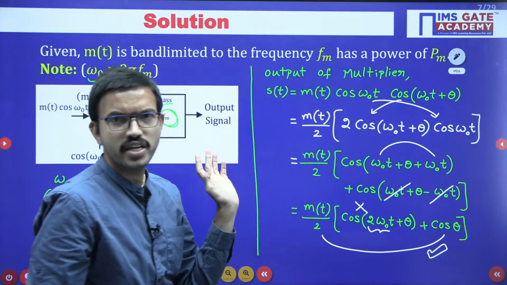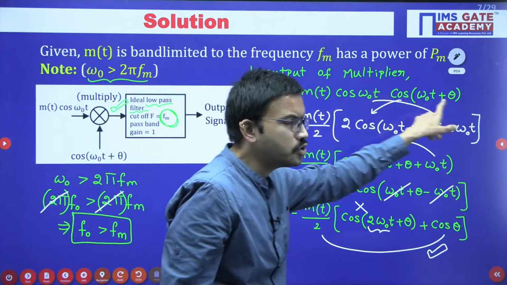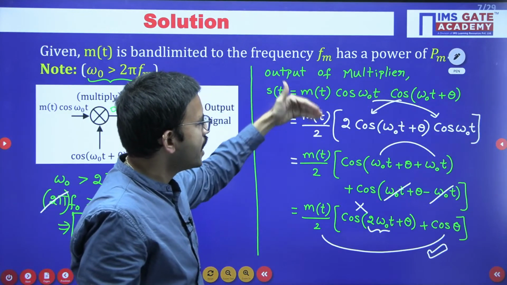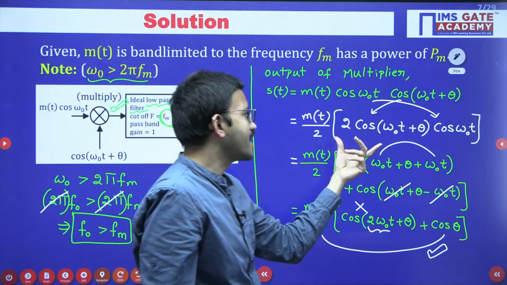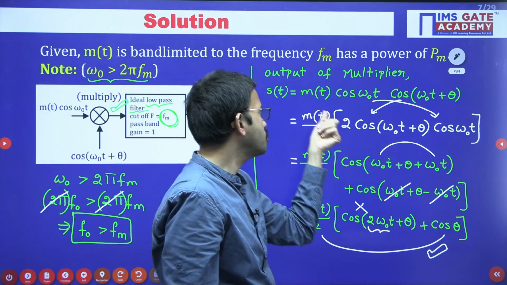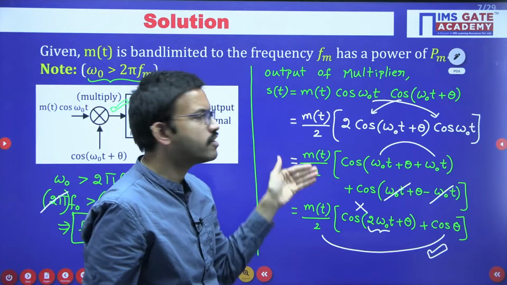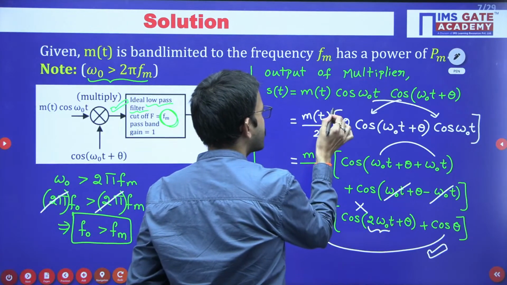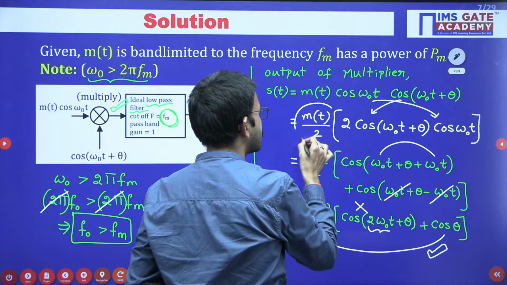M of t only you will take. But here you don't have 2. Whenever you don't have 2, you can divide and multiply with 2, so that you are getting the standard equation 2 cos A cos B. If 2 is already present, then there is no need of doing the division, right? Yes or no? Correct.